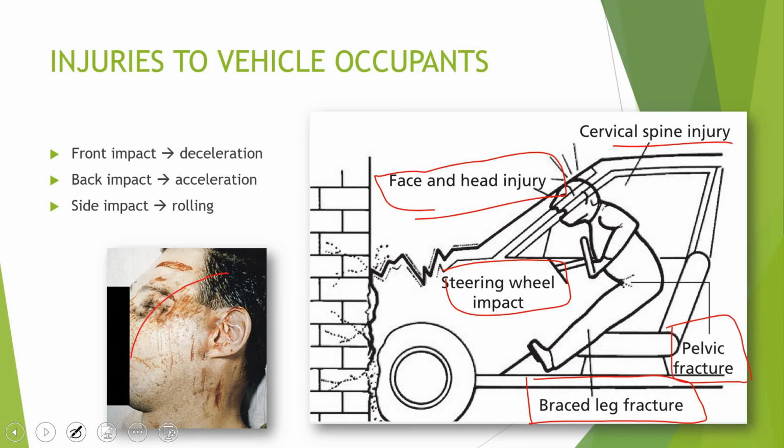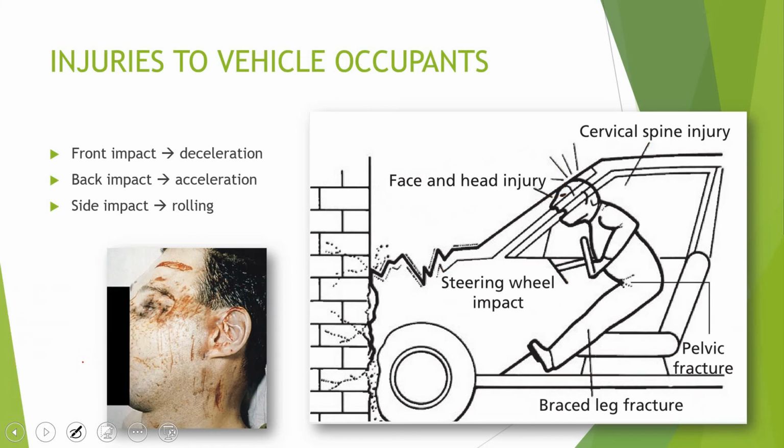And here is a picture of face injury. There are abrasions and lacerations quite visible and quite characteristic of face and head injuries when the victim falls into or strikes the windscreen.